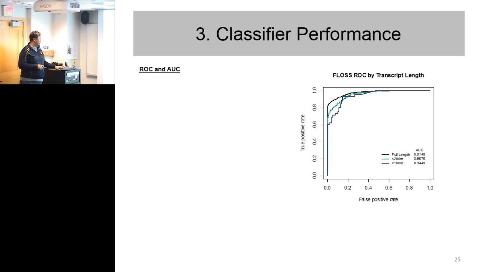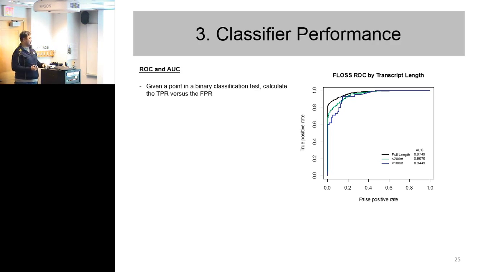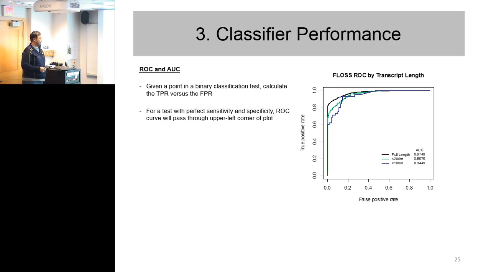So just a quick word about ROC curves. Given a cutoff point in a binary classification test, you calculate the true positive rate versus the false positive rate. For a test with perfect sensitivity and specificity, the ROC curve would cut through the top left portion of this graph.